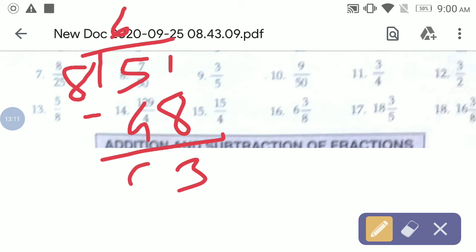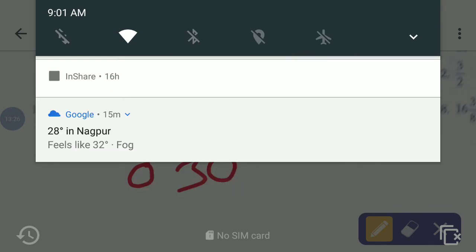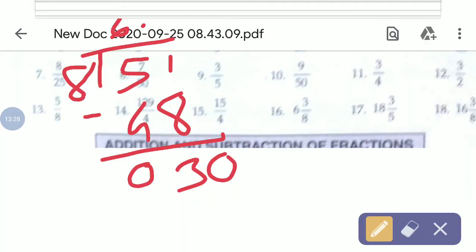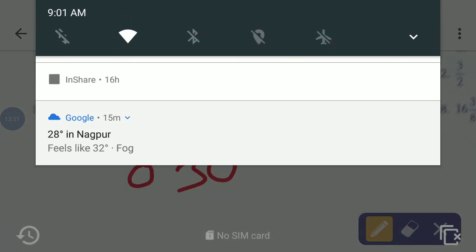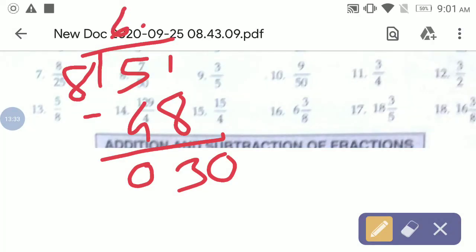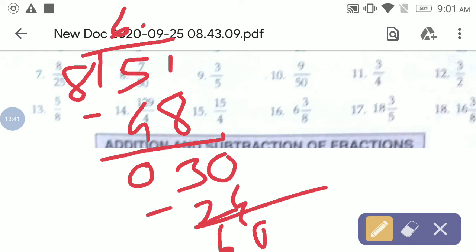So now 3, then you have to give the decimal point. It will become 30 and then 8 4s are 24. Here again you will get 60.